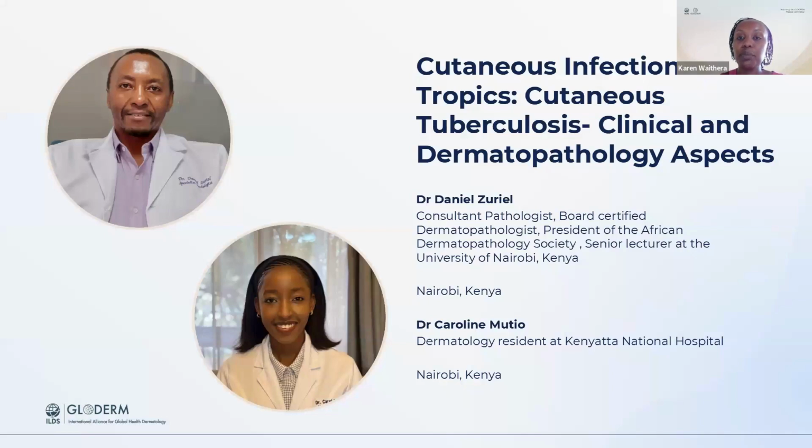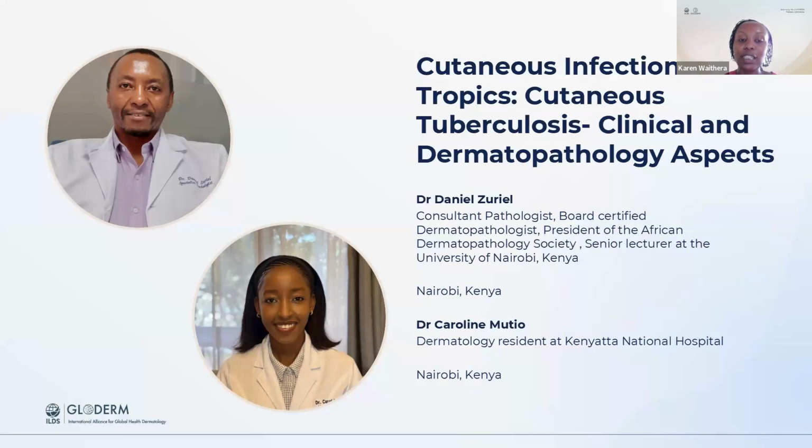So our speakers for today are Dr. Daniel Zuriel and Dr. Caroline Mutio, who I'll go into a bit of information of who they are. Dr. Daniel Zuriel is a consultant pathologist and a board-certified dermatopathologist. He's the president of the African Dermatopathology Society and a senior lecturer at the University of Nairobi, Kenya. He's a great teacher of mine, and his interests are in tropical skin diseases, cancer, wound healing, and psoriasis.